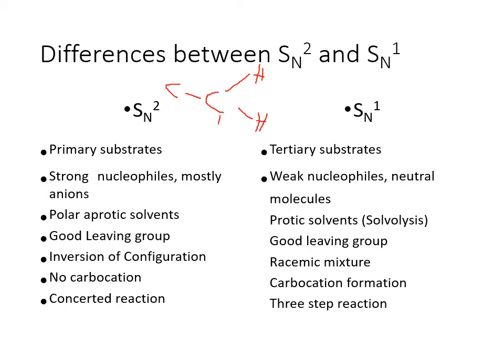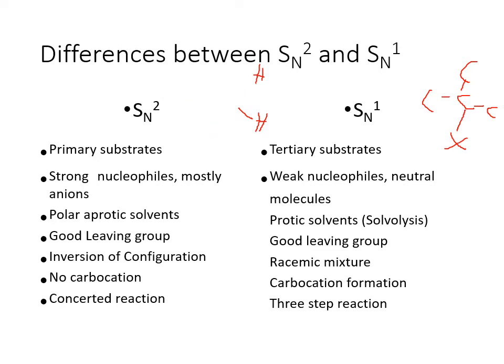And then whatever your leaving group might be. In this case, I'm going to put X. So these SN2 reactions prefer these kinds of carbons, right? That are primary, meaning there's only one bond to carbon. Versus SN1 reactions, they prefer tertiary carbons. So it would be a carbon that's bonded to 3 other carbons, and whatever your leaving group is, right? In this case, X again.